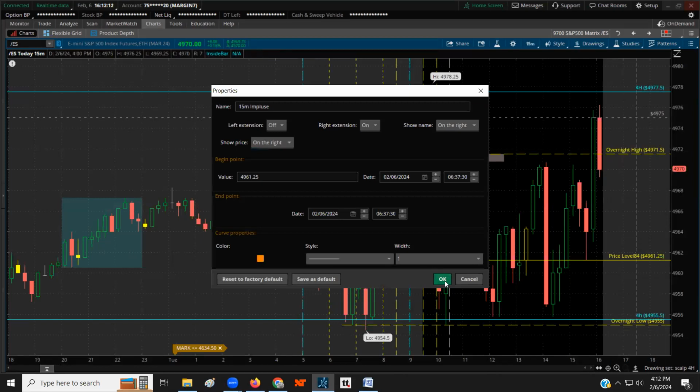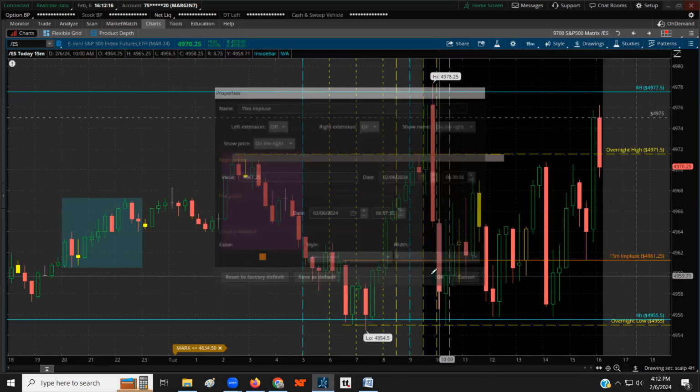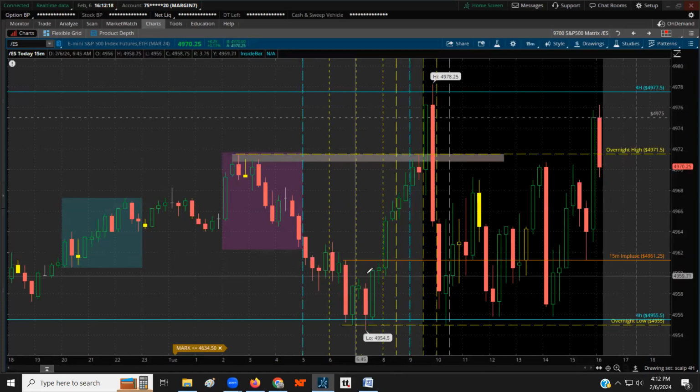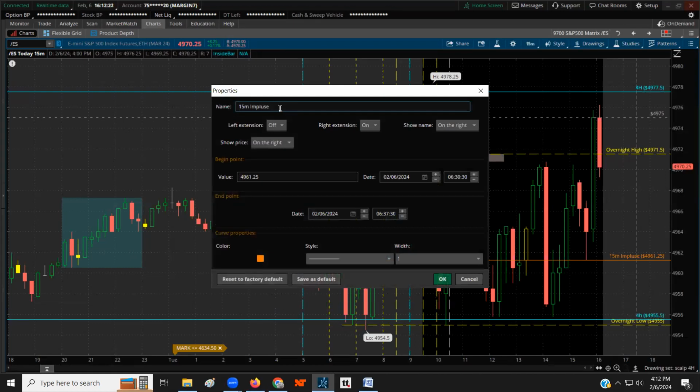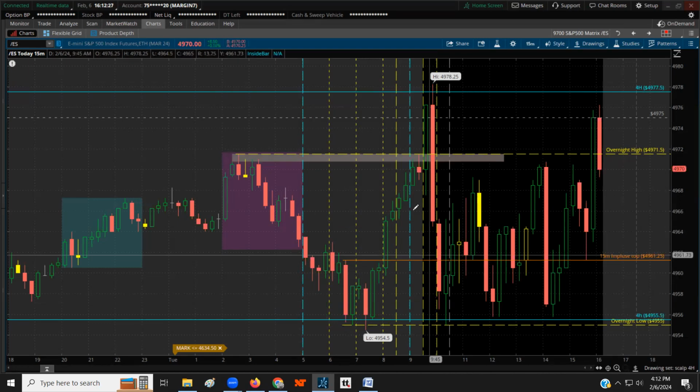Make a different color. And very good overlap. That was a 15-minute impulse down. You can see the big red.